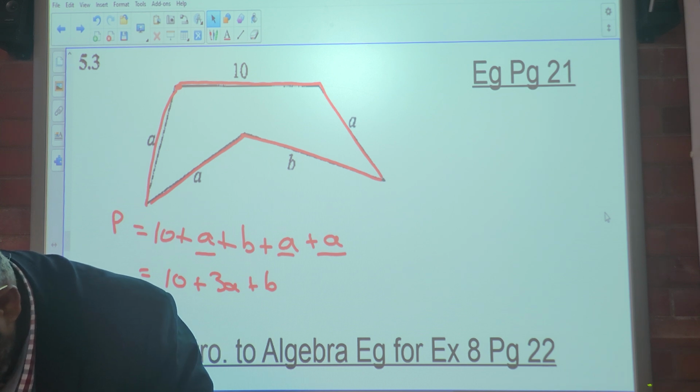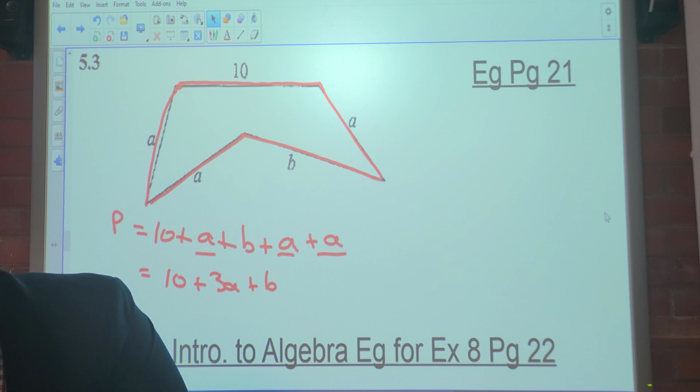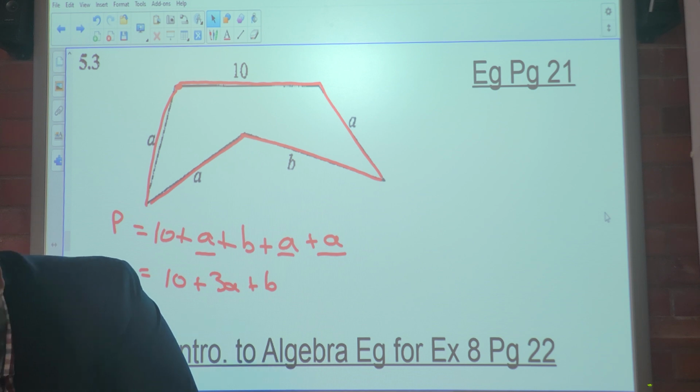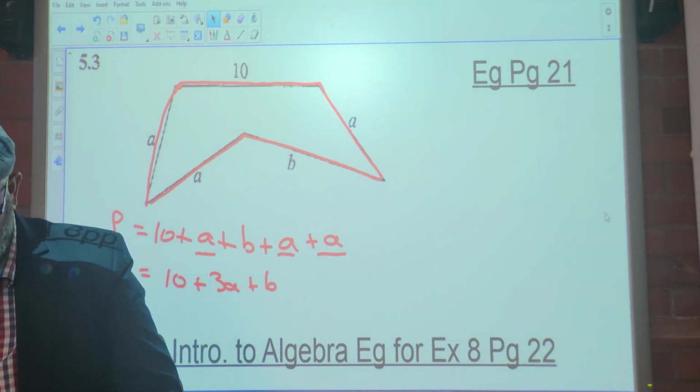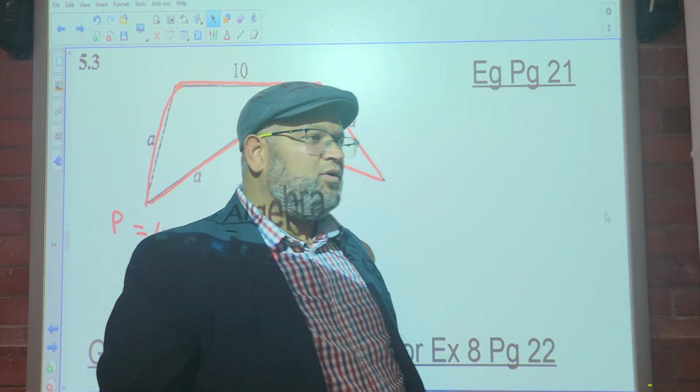Let me just check here. Number 2, the last value instead of 11 should be corresponding with 21.